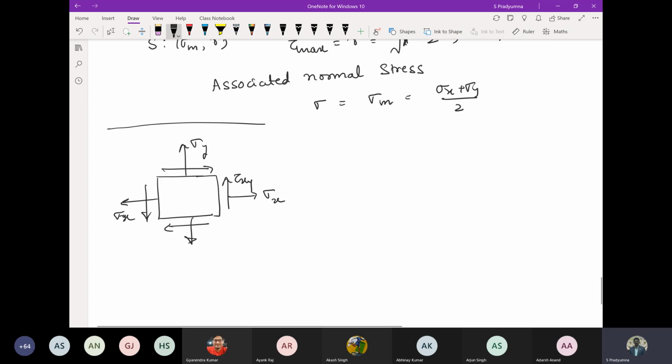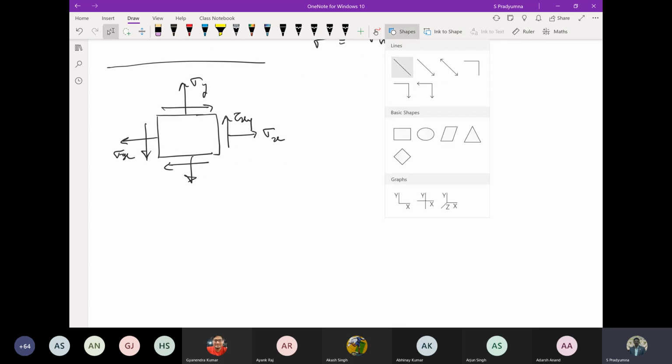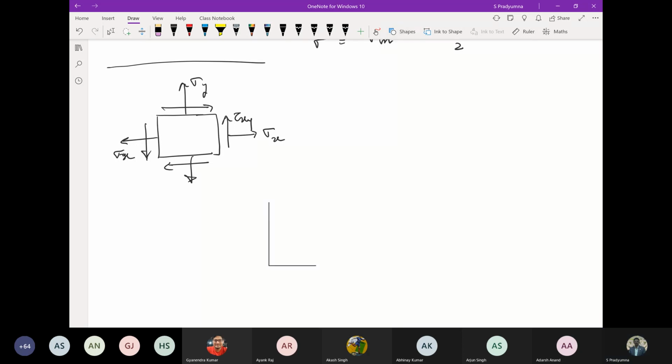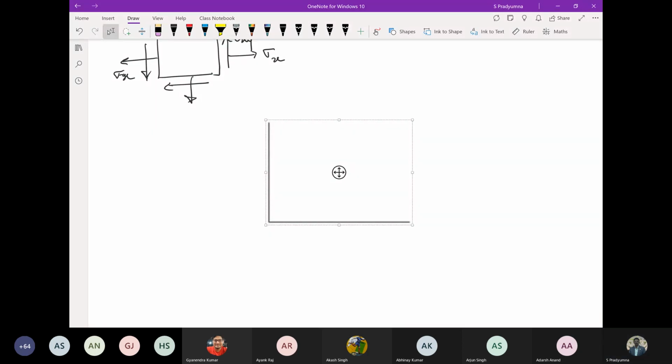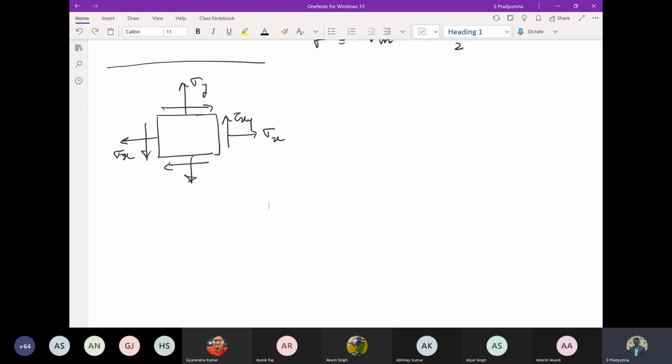Now what I should do first is draw the coordinate directions.